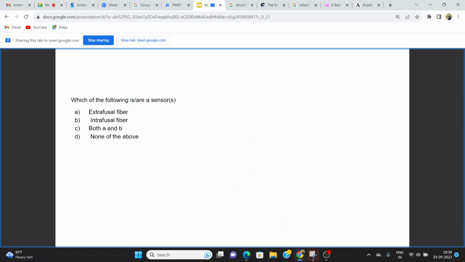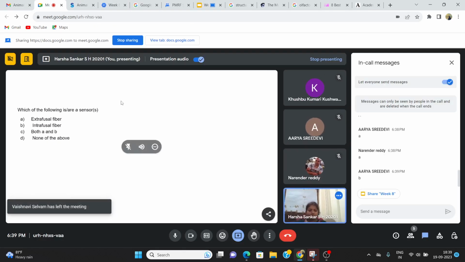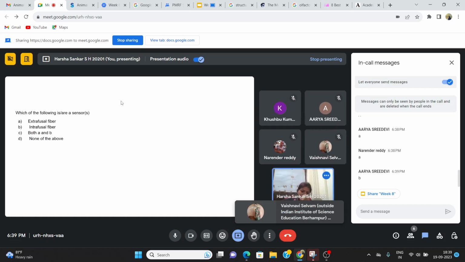Which of the following is or are sensors? Extrafusal fiber, intrafusal fiber, both A and B, or none of the above? Arya texted. Kushbu and Narendra and Vaishnavi.